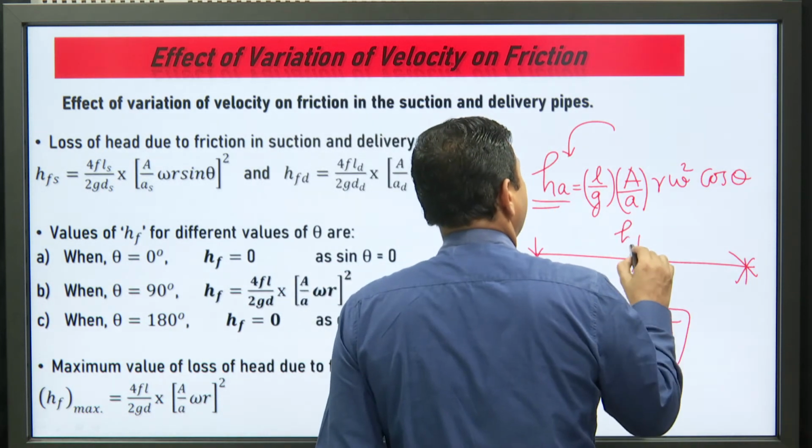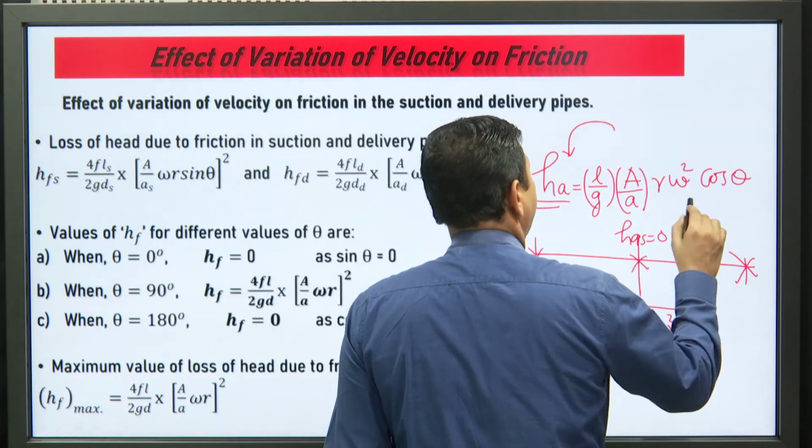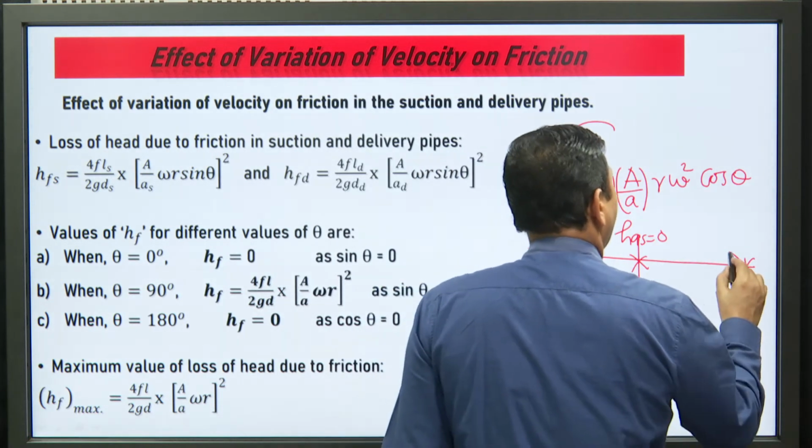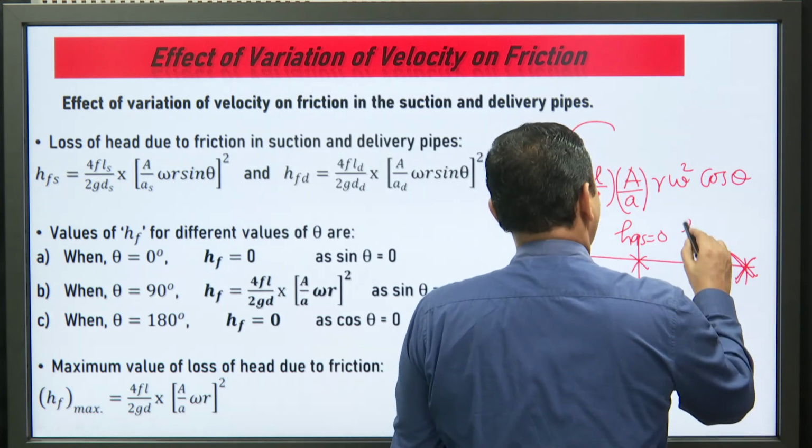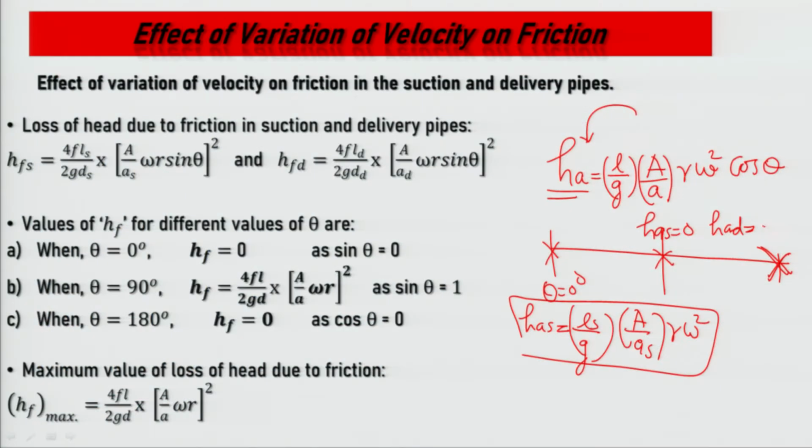At the middle of the stroke, HAS is 0 because cos 90 is 0, and at 180 cos 180 is minus, so HAS has a minus sign, with the same magnitude. The effect of acceleration at the center is 0, but in the case of friction this effect is maximum, and at the beginning and end of stroke it is 0.